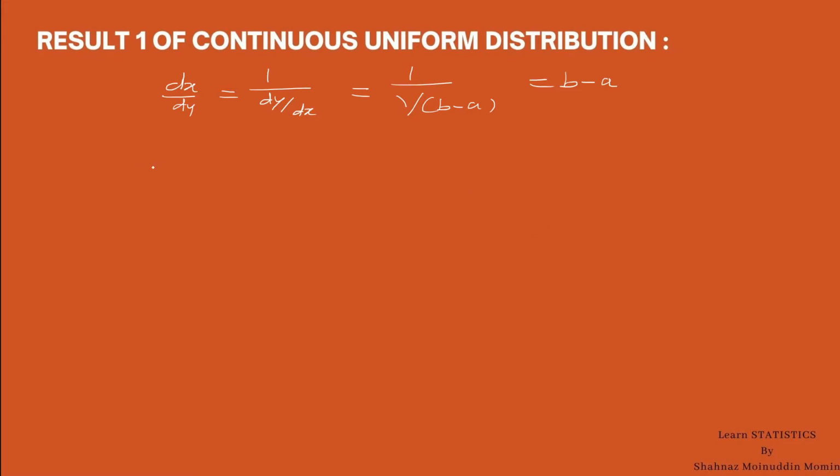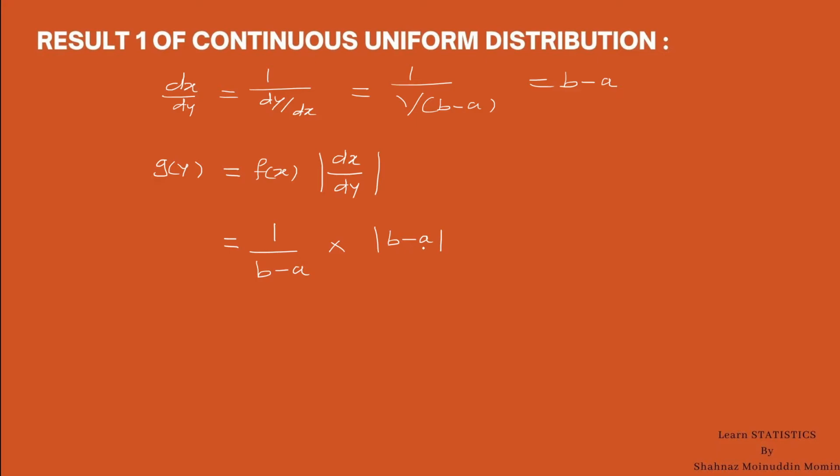Substitute all the values in the PDF of y, that is g(y) equal to f(x) into the absolute value of dx by dy. Here f(x) is nothing but the PDF of x, which is uniform over a to b, and dx by dy is b minus a.